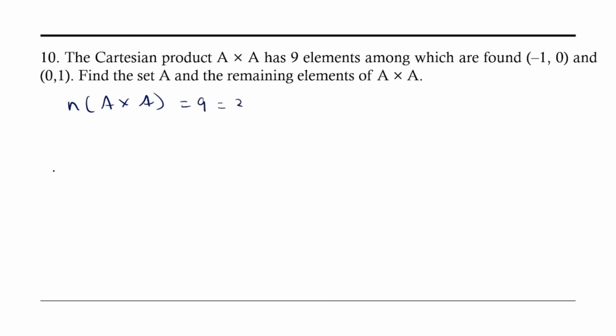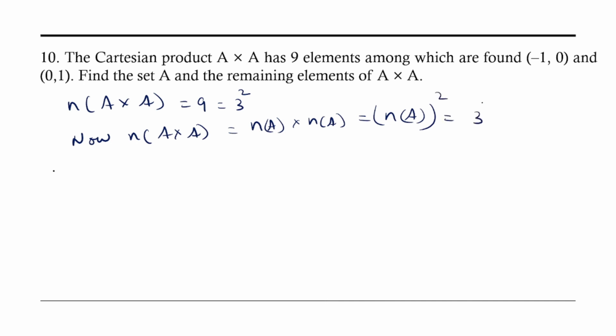So this is equal to 3 square. Now n(A cross A) is equal to n(A) into n(A), or it is equal to n(A) square. Now this is equal to 3 square. So from this we have n(A) is equal to 3.